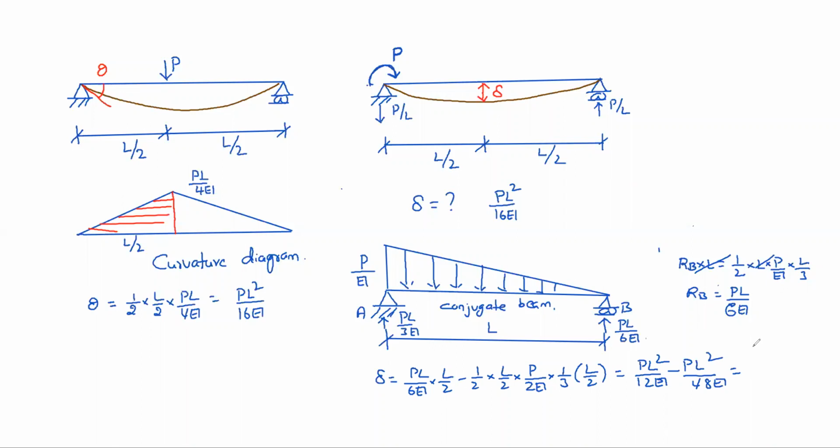That equals 1 by 12 minus 1 by 48. 48 is the LCM. 4 minus 1, 3. 3 by 48, 1 by 16. So PL square by 16 EI.